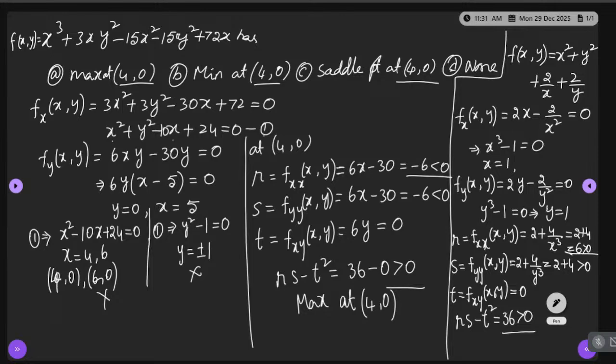So what is your conclusion? Minima or maxima? Minima.